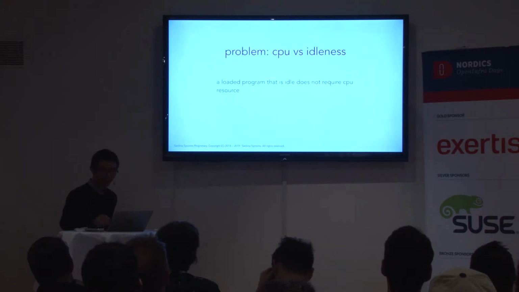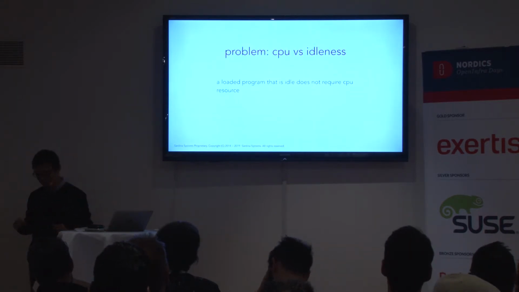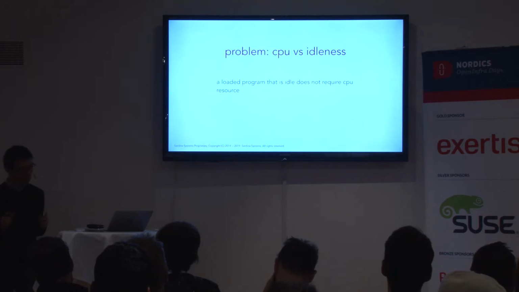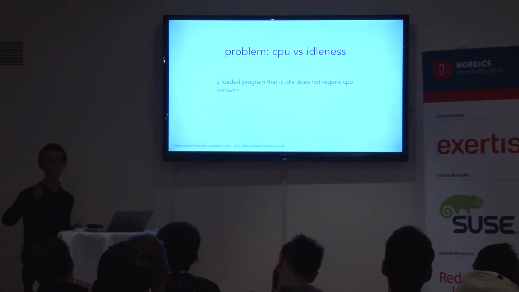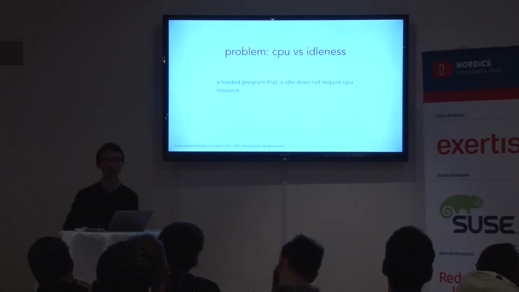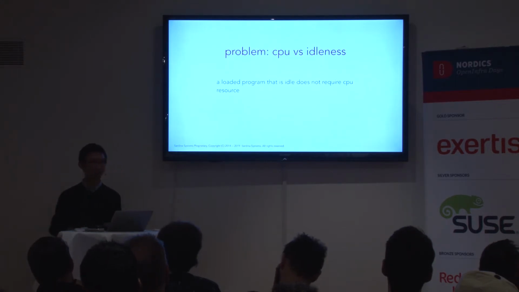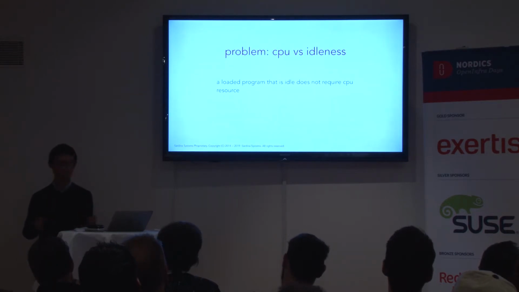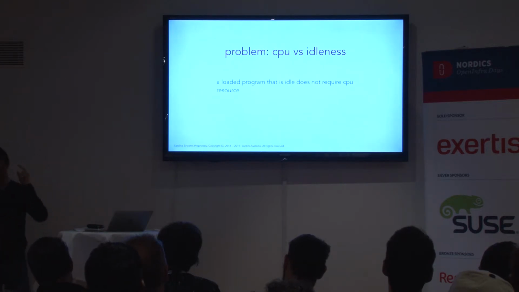Now, if we go back to this matter of a loaded program being idle, tell me this. How many cores do you guys have on your laptops? 8 cores? Wow, you've got a fantastic laptop. Okay, now, on your laptop, I'm assuming it's running Linux, you type ps aux pipe to wc -l.